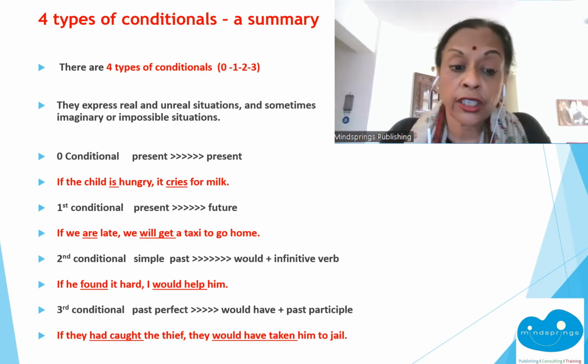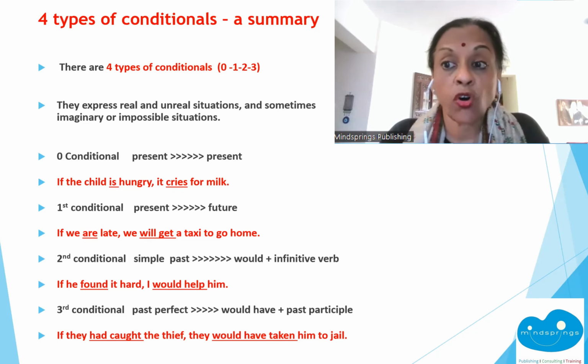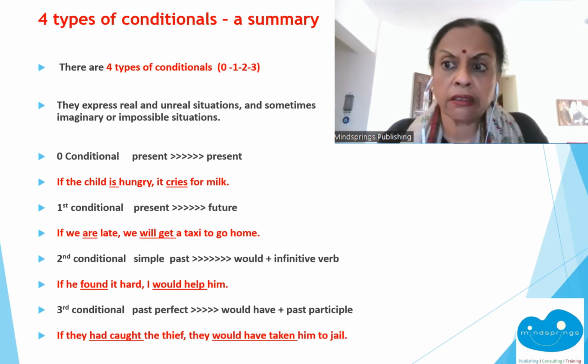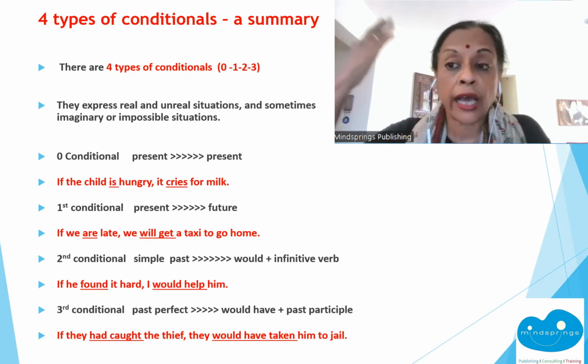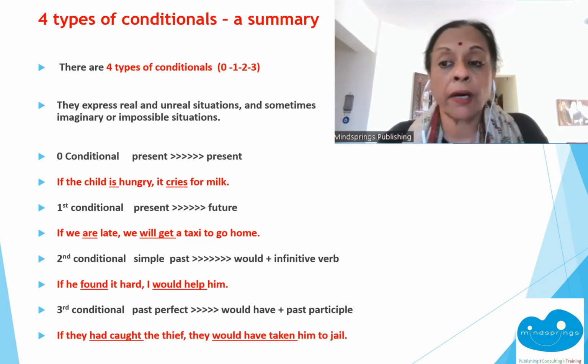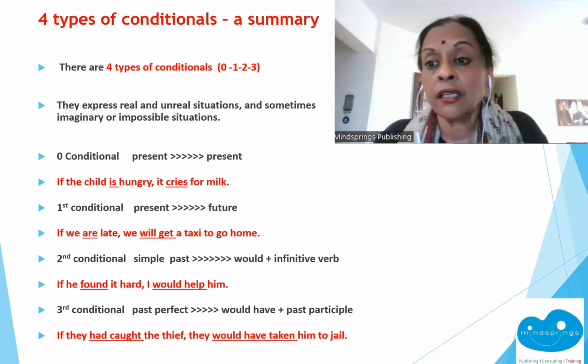The third conditional is the past perfect and the would have plus past participle or V3. If they had caught the thief, they would have taken him to jail. This is even more unreal. This is impossible. Had taken, had found, had caught, and all are not even the past, beyond the past, and therefore it has definitely not happened, and definitely in the future nobody is going to take him to jail because he's never been caught.